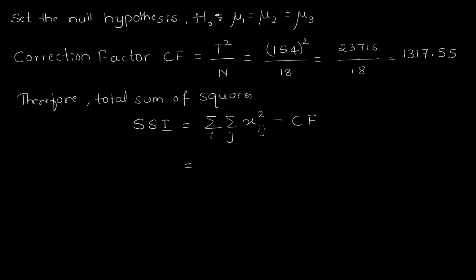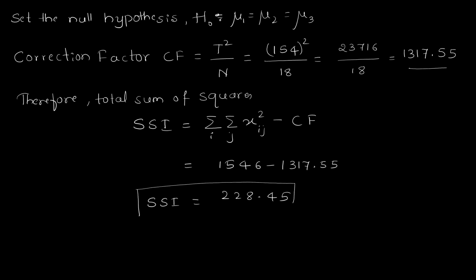The summation of xij square, in the previous table we found, is 1546, minus the correction factor, which is 1317.55. Therefore, the total sum of squares is 228.45. This is SST.